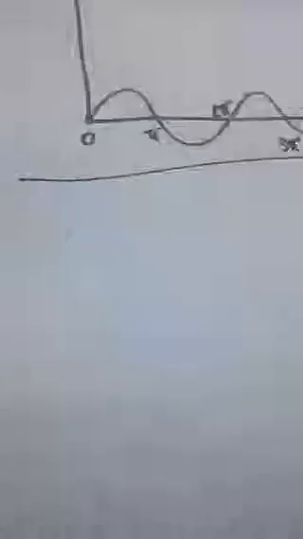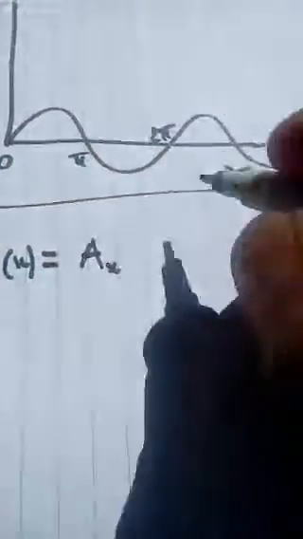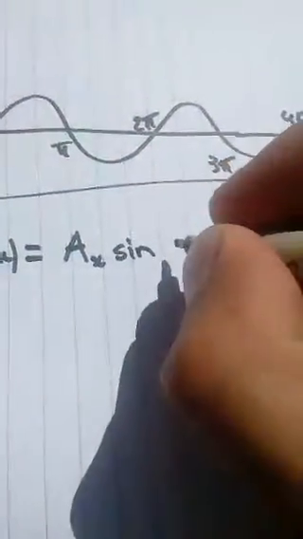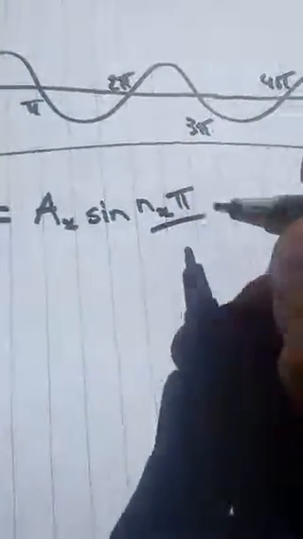Okay, so let's just come down here. So therefore, the wave equation in the x dimension equals A_x, which is the amplitude, sine of n_x pi x over a.